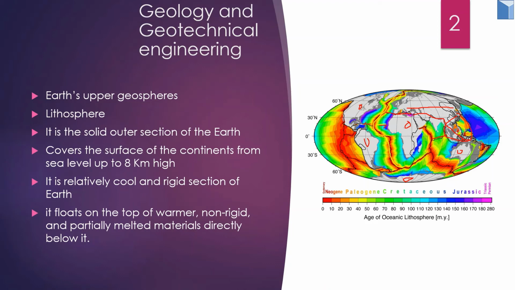So here is the suture line where the African continent collided with the Eurasia continent, and as a result of this collision, huge mountain chains came up from the basins between these two continents, and along this suture line there are also many mountain chains.